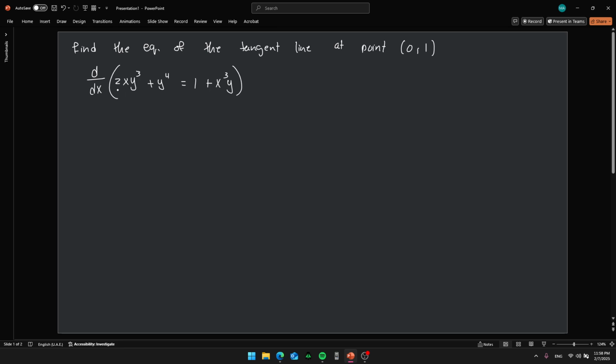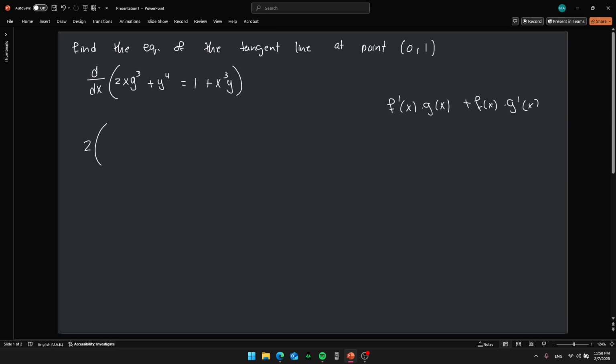Now, the 2 is just a constant, so just put it out so you don't get confused. So these are two functions multiplied by each other, x and y. So we have to apply the product rule, which says f prime g of x plus f of x g prime.